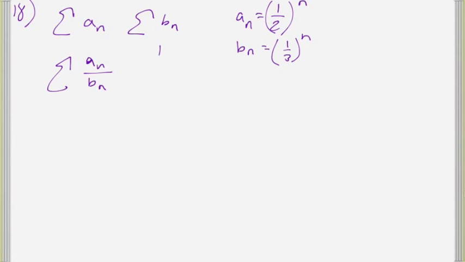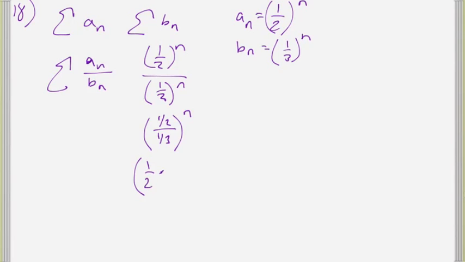So then a half to the n over a third to the n is a half over a third all to the n. And how do I do a half over a third? Multiply by the reciprocal. Right, 1/2 times 3 over 1, which is 3 over 2 to the n, which is divergent because our ratio is now bigger than 1.